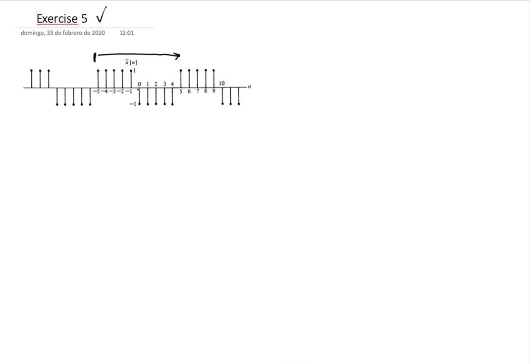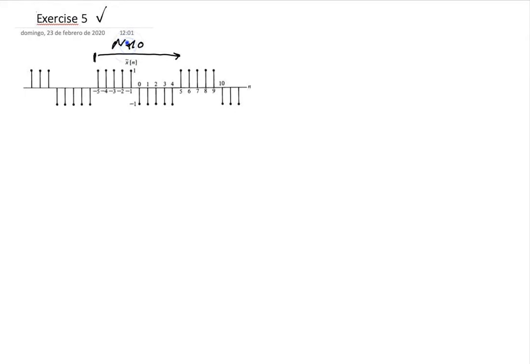Then starting in 0, the train of deltas goes to -1 and goes all the way up to 5. Okay, so just taking a look at this, we can see that the period of this signal is a period of 10. So N equals 10.